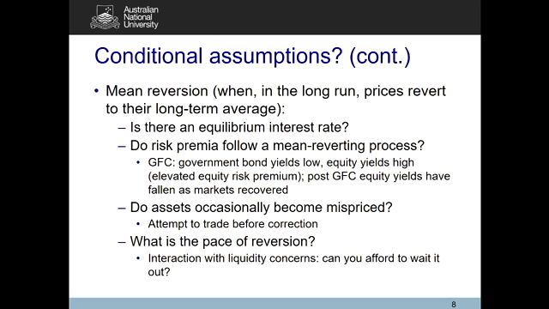So the next thing you need to think about if you might use a conditional assumption, so remember that's not using the historical average as your expected return, but using some kind of conditioning information to better improve that prediction, you might think about mean reversion, or broadly speaking, a slow trend toward fundamental value. So let's say that you think that the equilibrium interest rate isn't 7%, but you might think it's 5% over the long run.